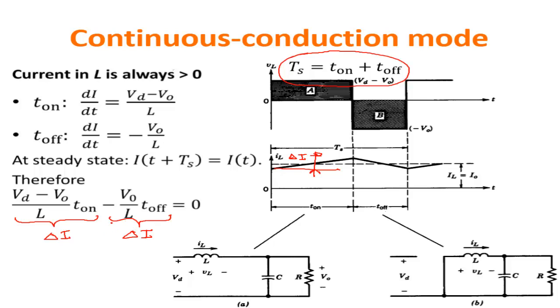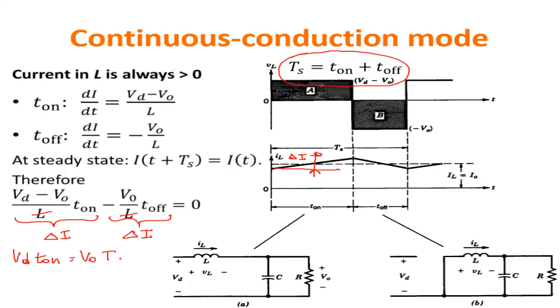Then of course you can remove L and L. You have minus V0 T on minus V0 T off, but you know that T on plus T off is equal to the switching period, and therefore VD times T on is equal to V0 times Ts.